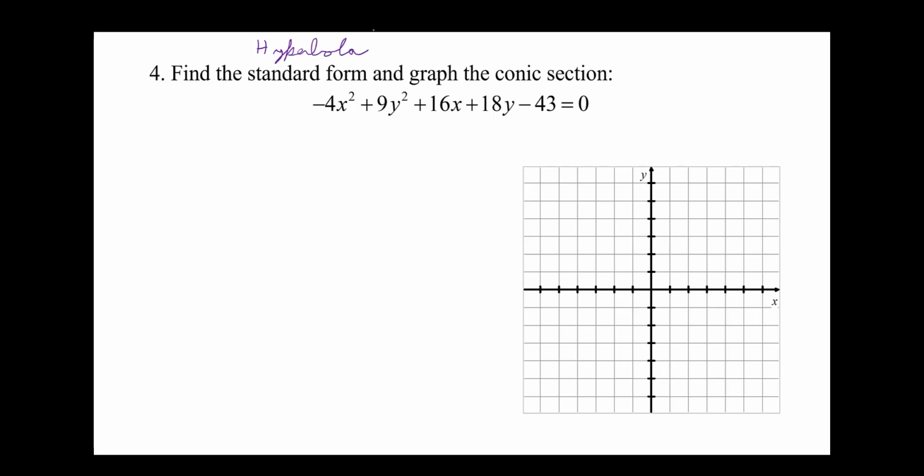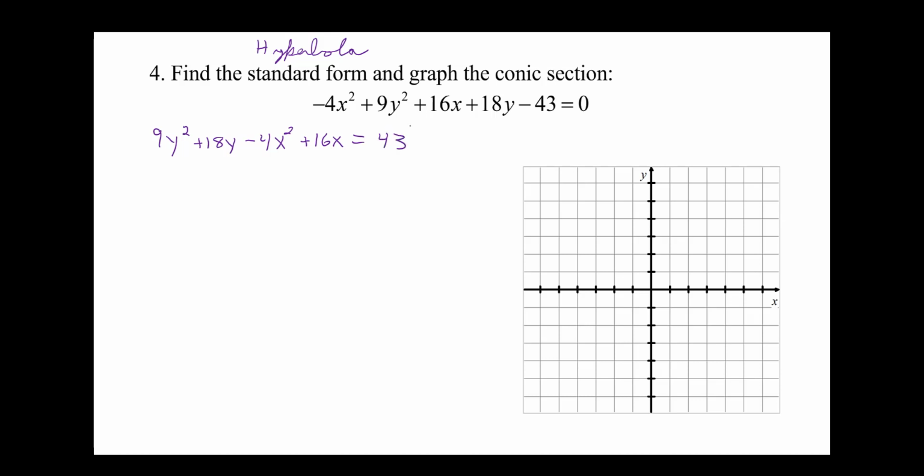Okay, so to get the equation for a hyperbola in standard form, let's put the positive 9y² first. We have 9y² + 18y - 4x² + 16x = 43.